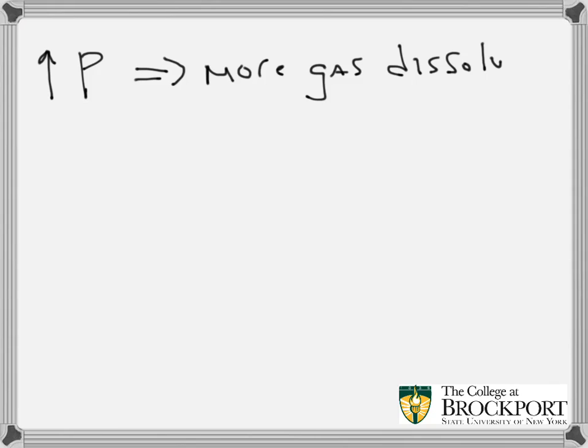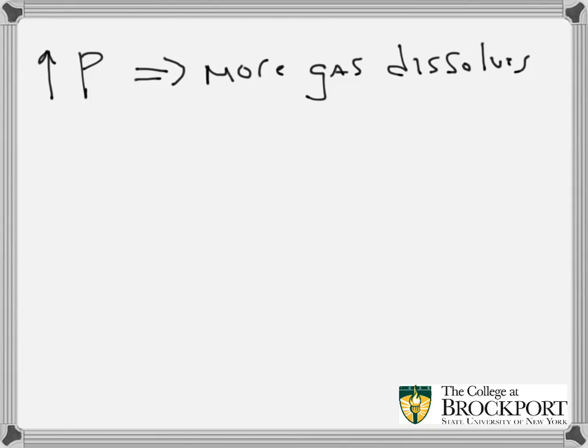So the second concept I want to get across is that when we increase the pressure of a gas, then we're going to force more of that gas into solution. So when we increase the pressure, more gas dissolves into the solution, correct?